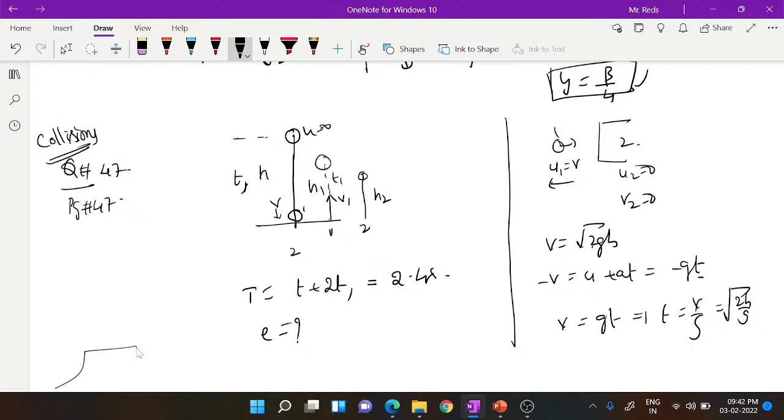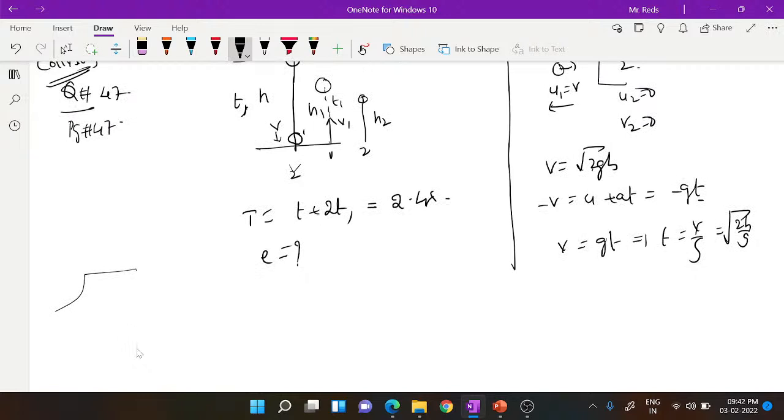You can express capital T as t plus 2t1, where t is square root of 2h by g, plus 2 into t1.